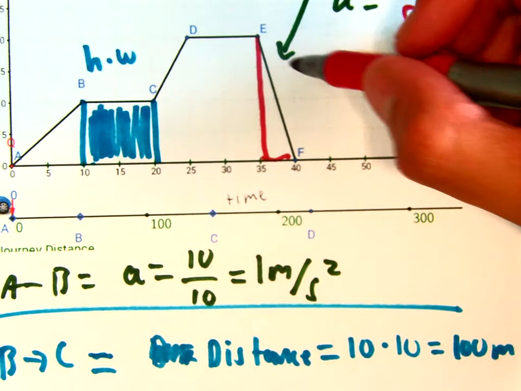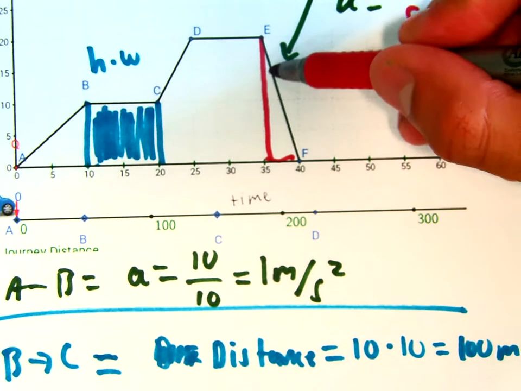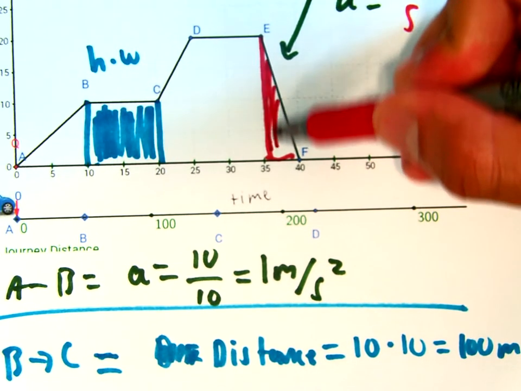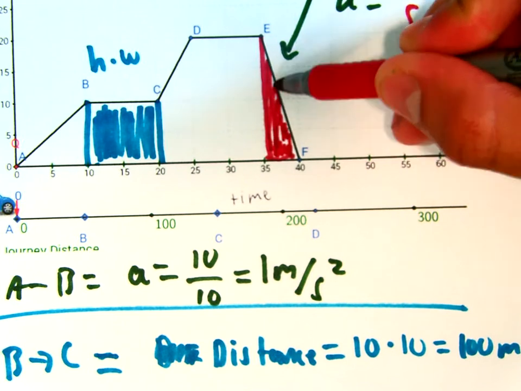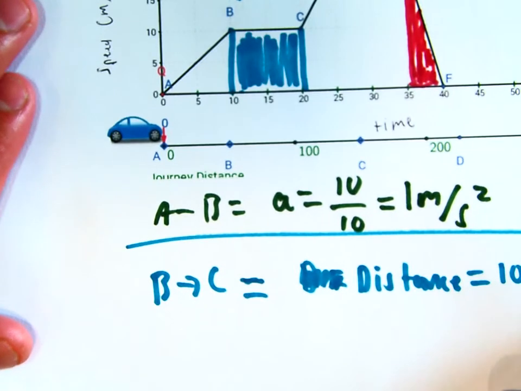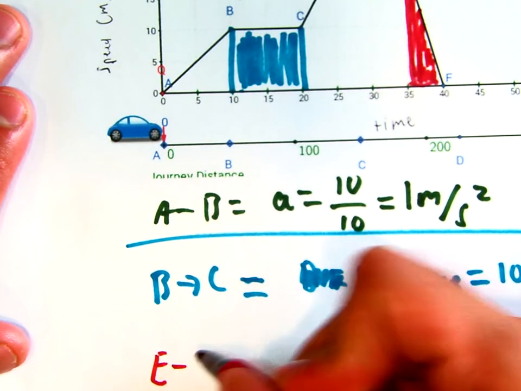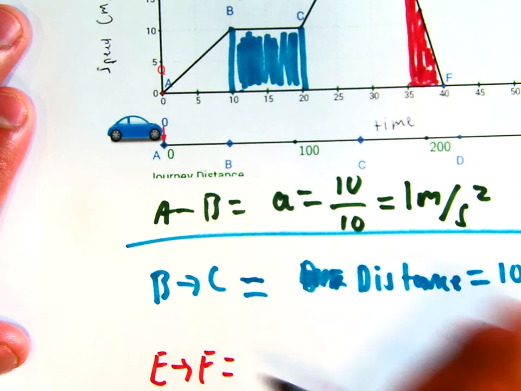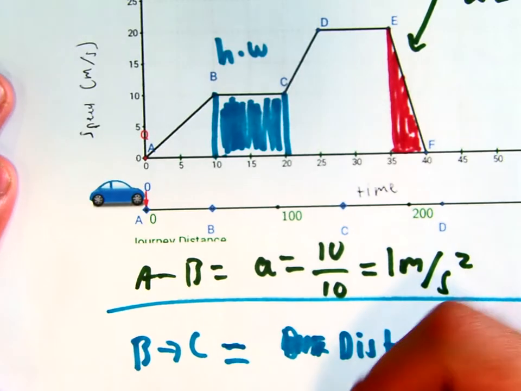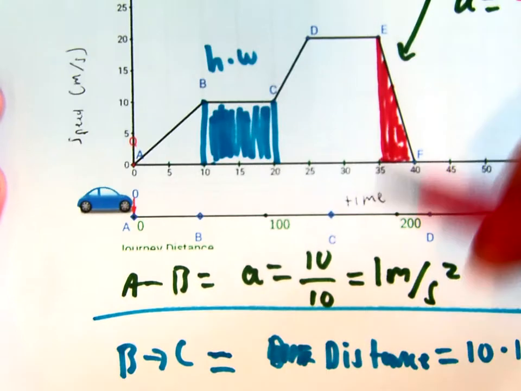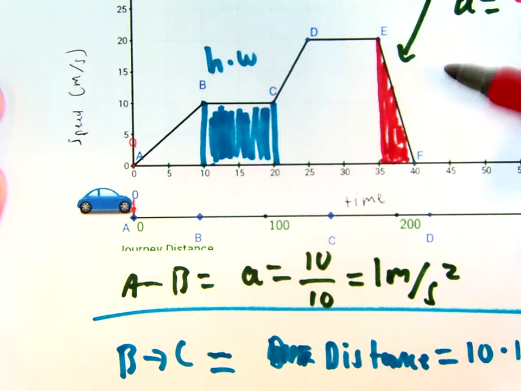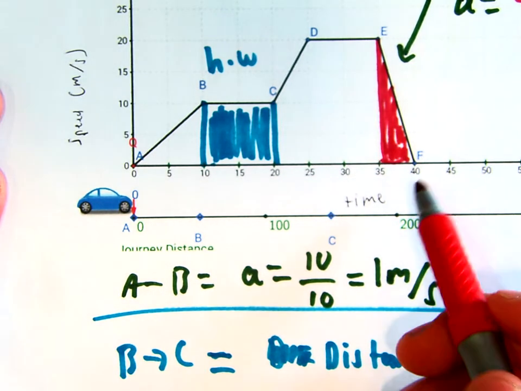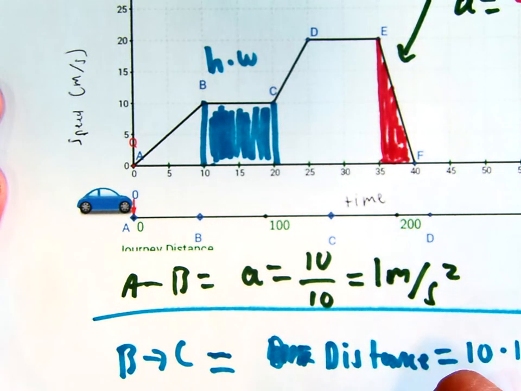Let's do the last one. What if we want to find E to F? In other words, I need to find this area here. Okay? Well, from E to F, I'm going to go height, which is 20, times my width, which was 5.